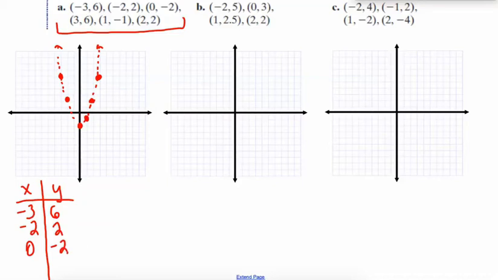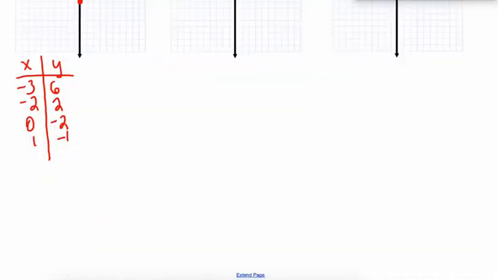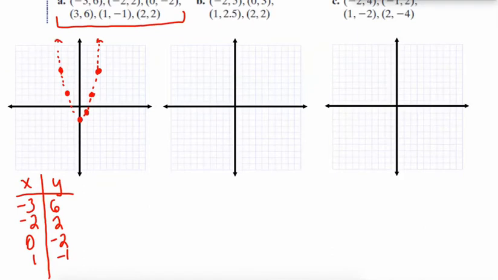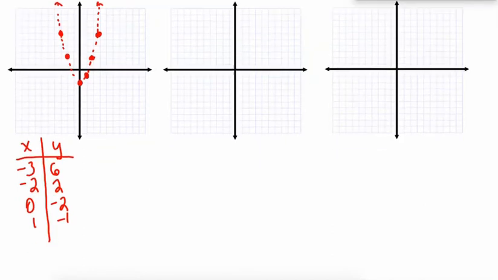And then they kind of went out of order here. So 1, negative 1. And then 2, 2, and 3, 6.